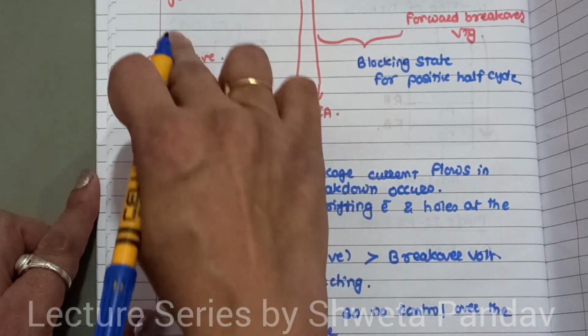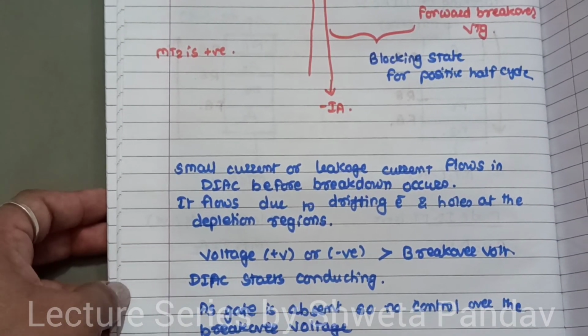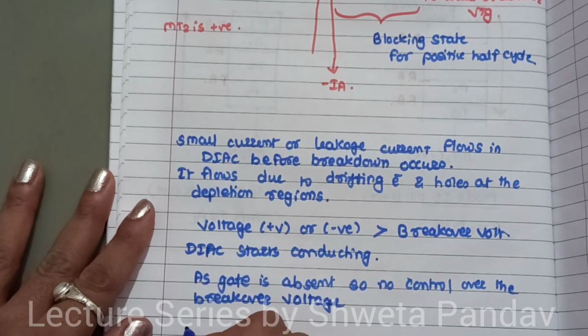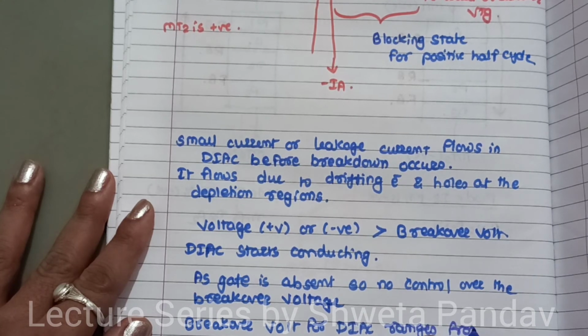So this is the IV characteristic of DIAC, and the breakover voltage for DIAC ranges from 28 volts to 42 volts.